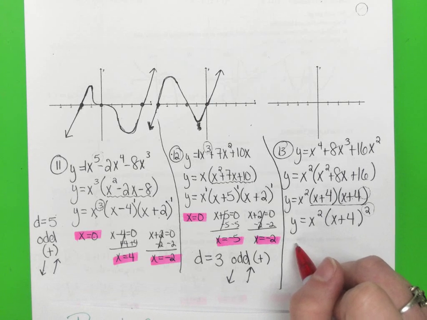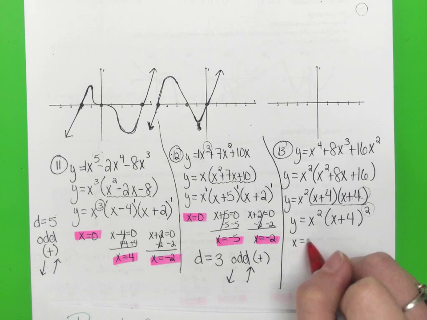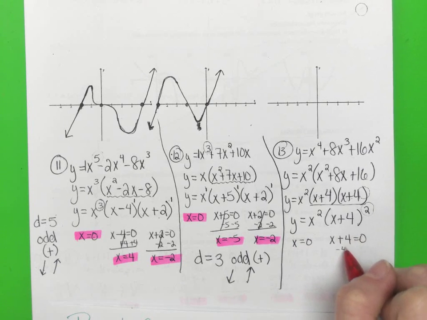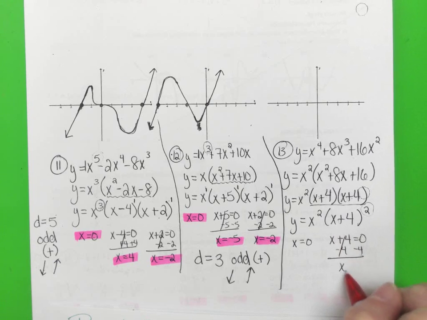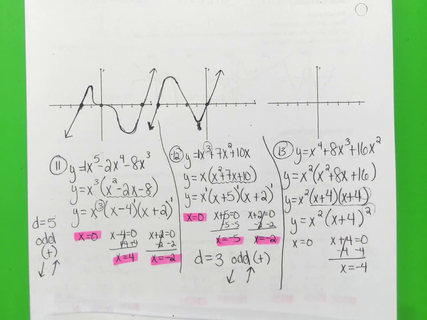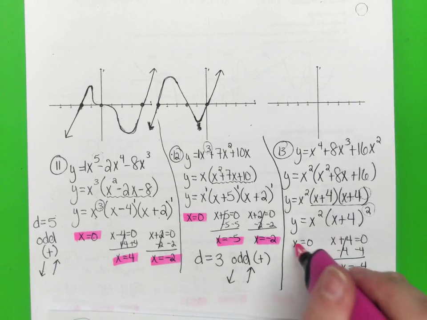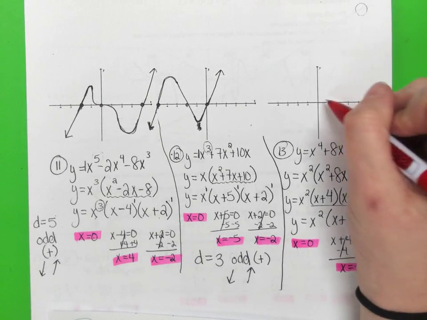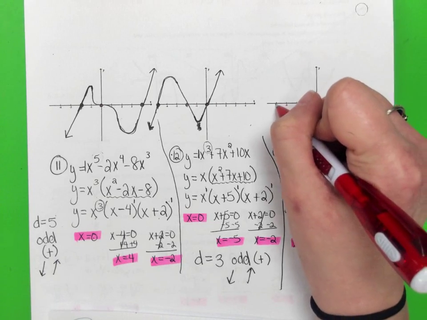Alright, so let's find all of our zeros. We have x equals 0, and we have x plus 4 equals 0. Subtract the 4, and x equals negative 4. So you have 2 zeros, at 0 and negative 4.